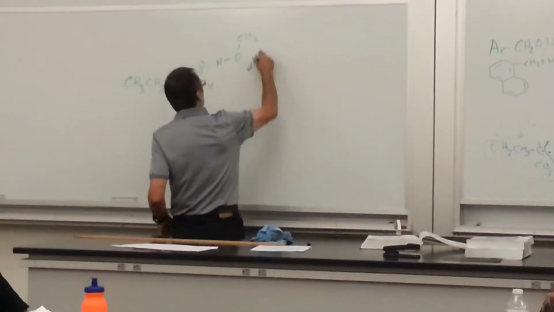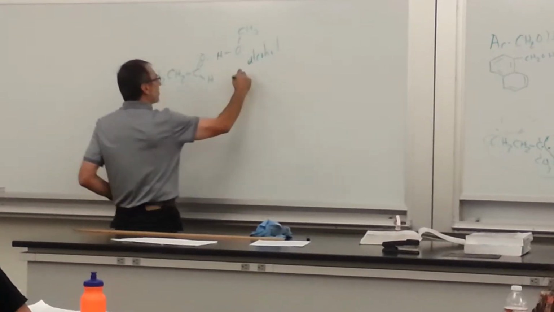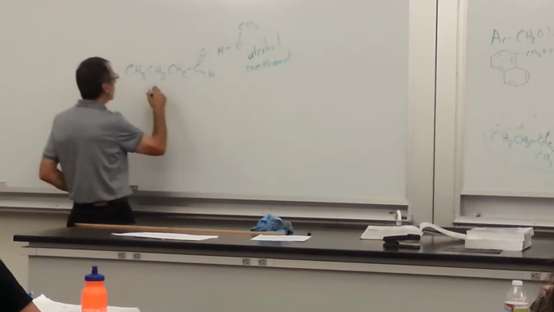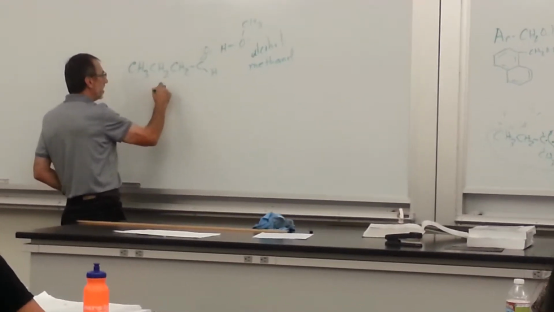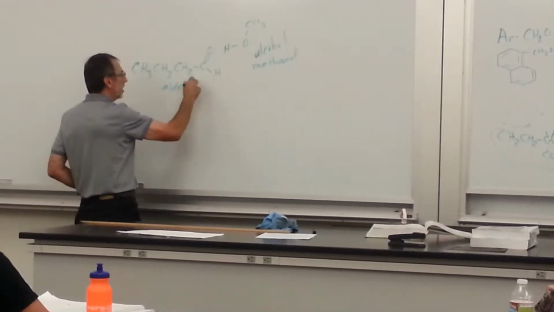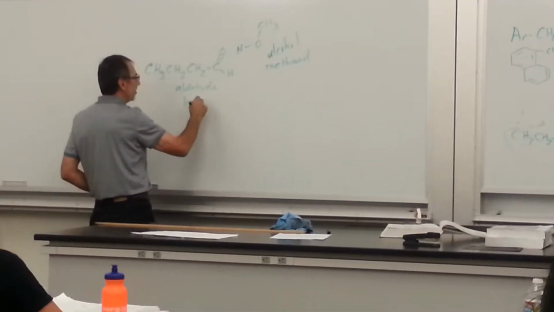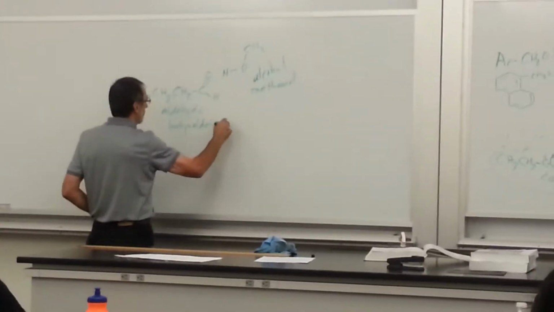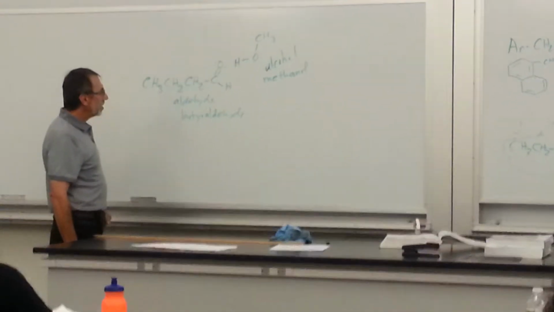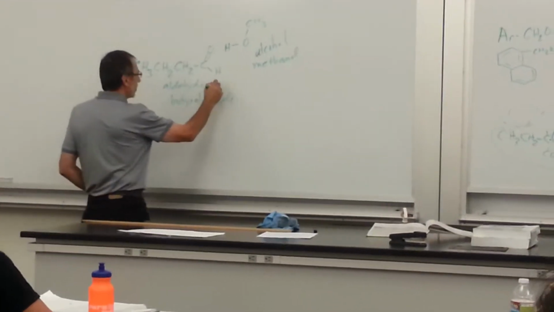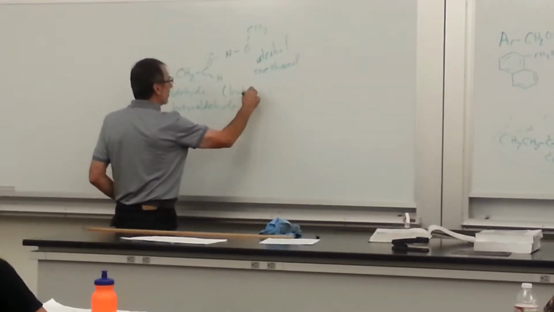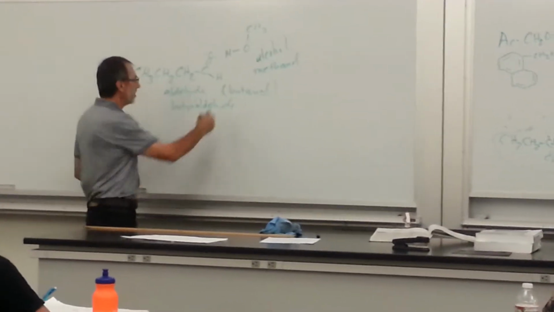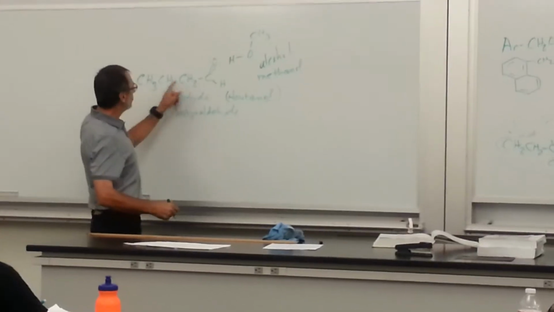This is actually methanol, or methyl alcohol, and this is an aldehyde. So this is butyraldehyde, it happens to be. Or butanal would be another way to think about it. Al signifies an aldehyde. Butanal. This is 1, 2, 3, 4.